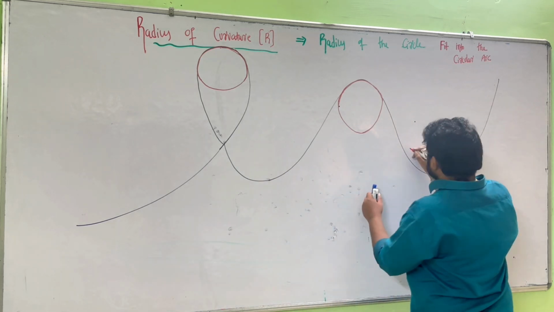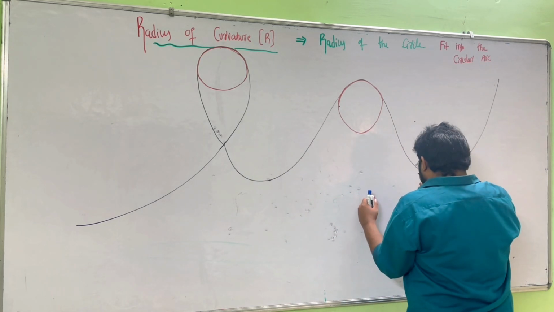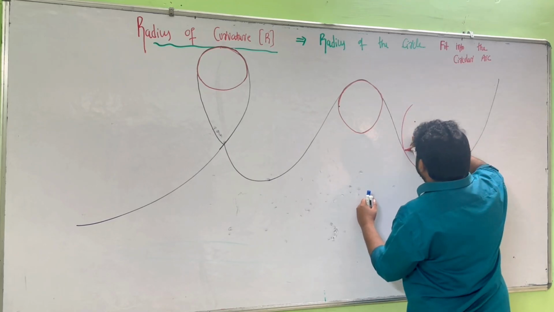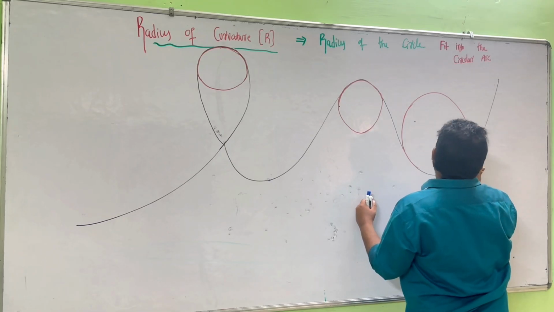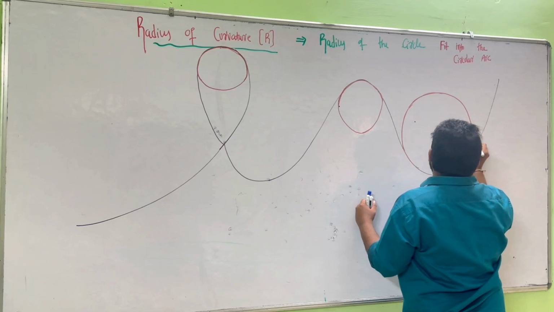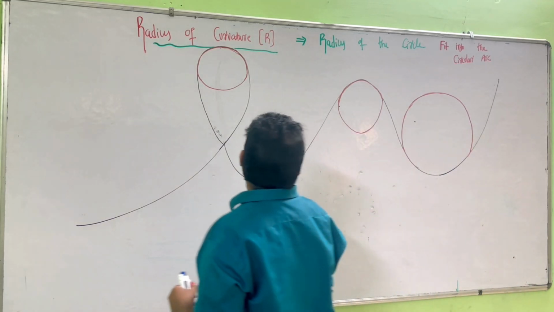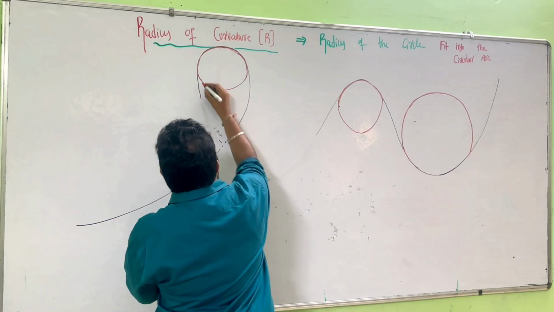Clear? This is the arc. This much circle fits into this. That is the radius of curvature. Understood or not? Here to here.